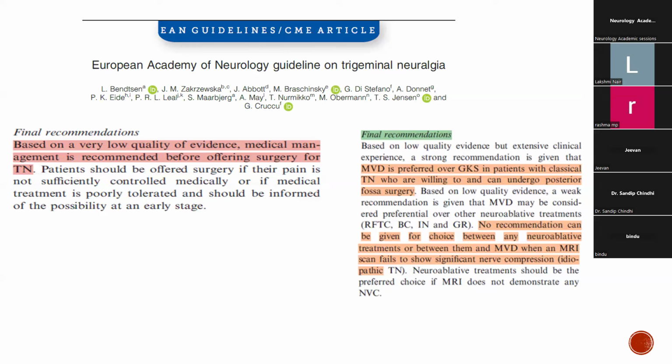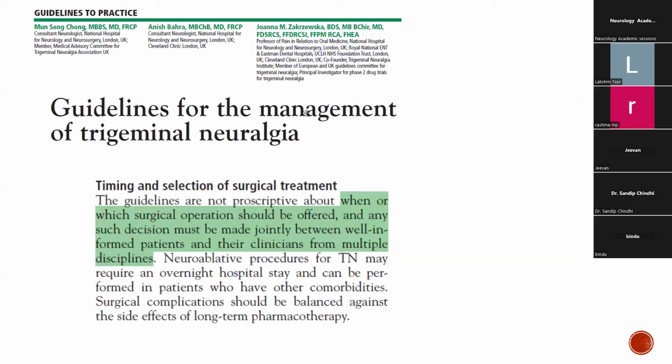Microvascular decompression is preferred for classical trigeminal neuralgia, but no recommendation can be given for choice between any of the neuroablative procedures. As for the Cleveland group, when or which surgical operation should be offered based on the timing of surgery is not clear.